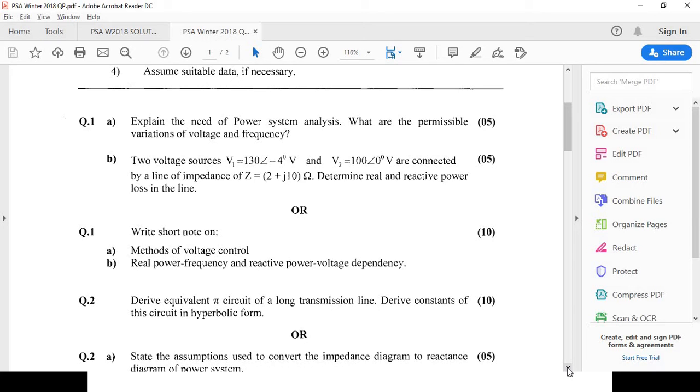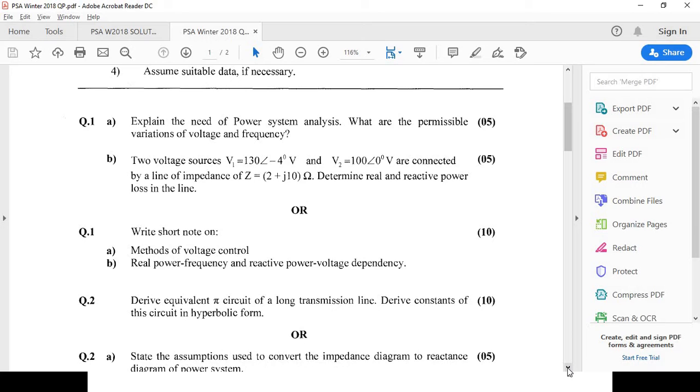So first of all we'll go through the given data for this question. Two voltage sources V1 is equal to 130 at an angle of minus 40 degree volt and V2 is equal to 100 at an angle of 0 degree volt are connected by a line impedance of Z is equal to 1 plus j7 ohm.